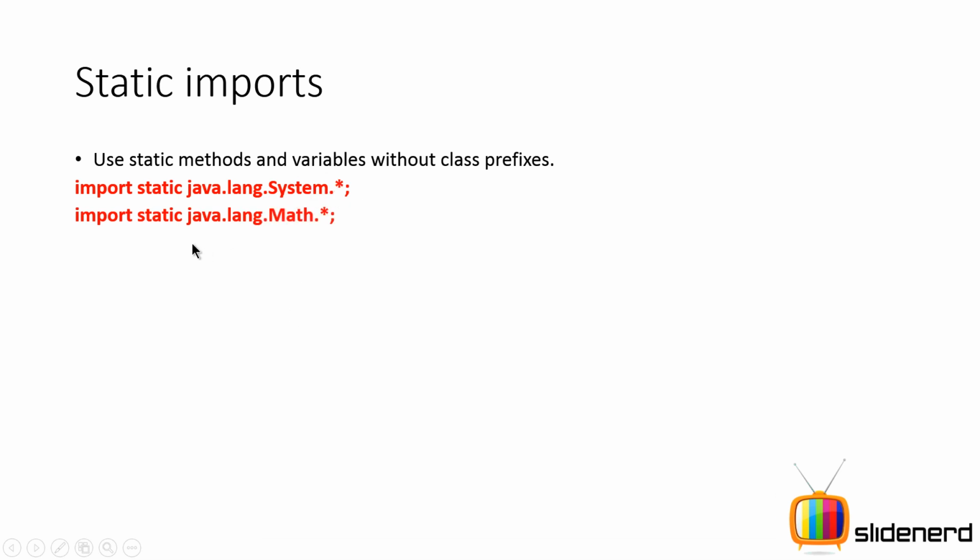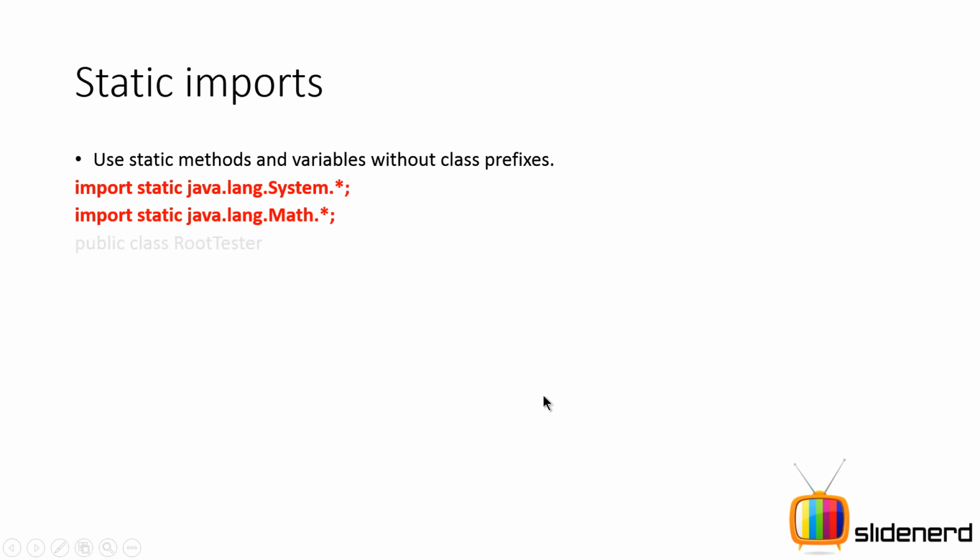And again, if you go down, let's take another look by saying import static java.lang.Math.*. Again, Math is a class, and I've said dot star, which means import all the static variables and static methods inside the Math class. In the first statement, I'm saying import all the static variables and static methods inside the System class.